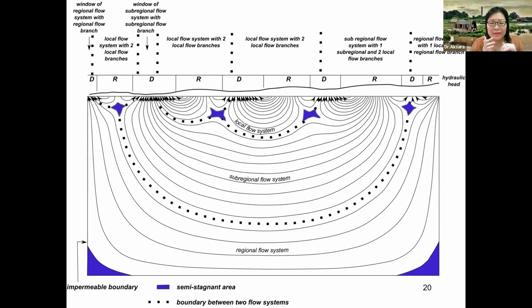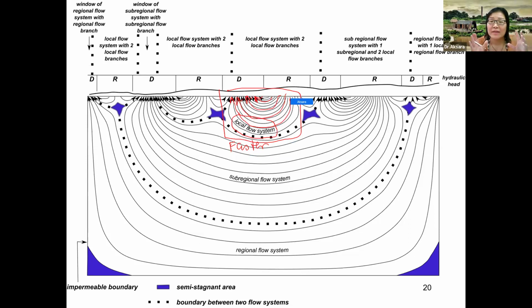We can divide our flow system into a local flow system, which doesn't really have to be low flow, but always flows faster, because it uses less time to travel from one point to another for groundwater in this area.